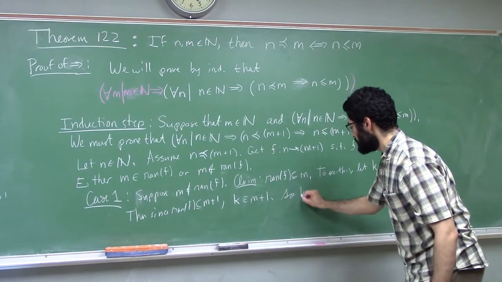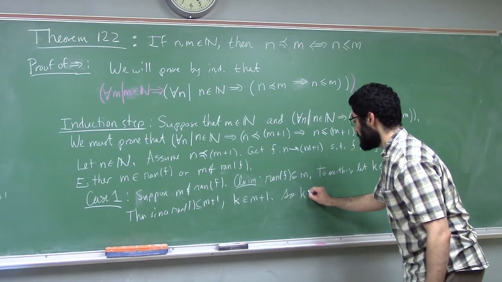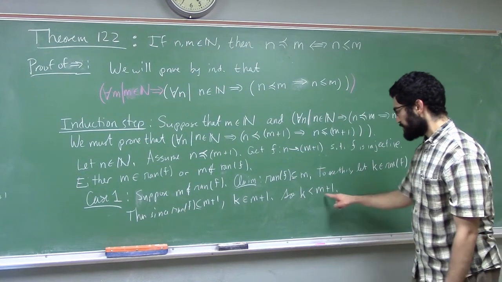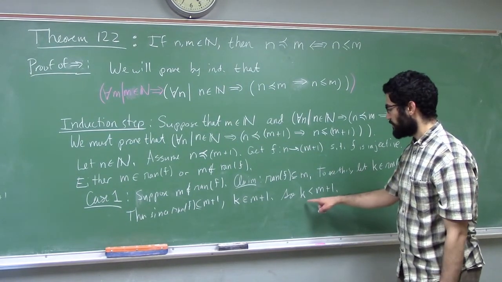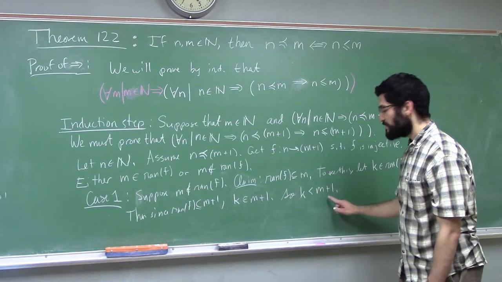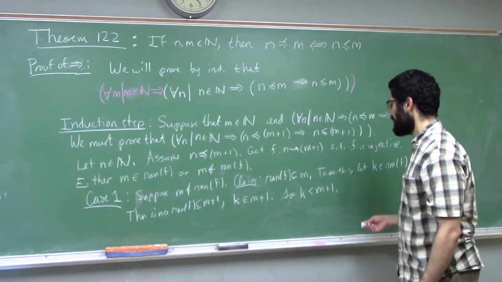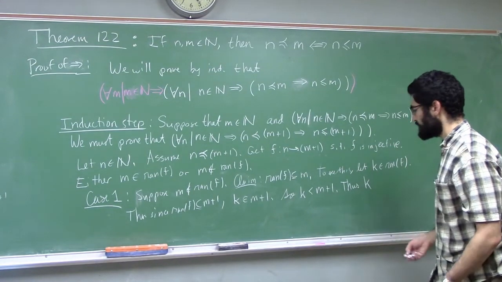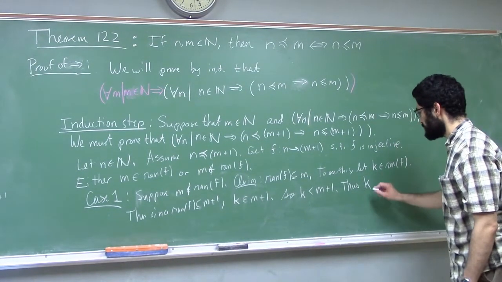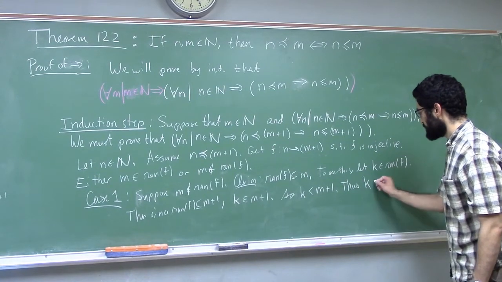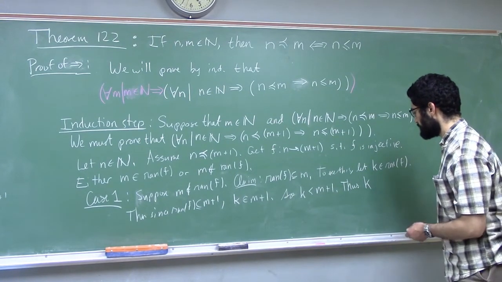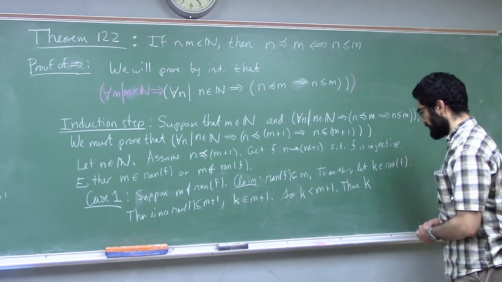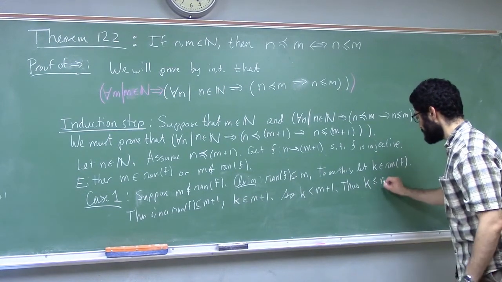So k is less than m plus 1, in other words. m plus 1 is next to m, and we've seen that to be less than next to m is to be less than or equal to m. That was one of our initial facts about order and succession. Alright, so thus k is less than or equal to m.